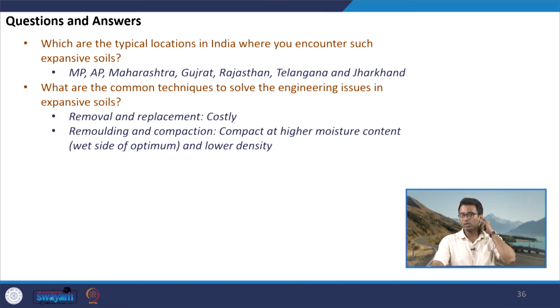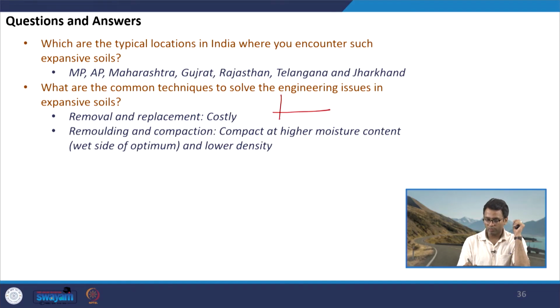Talking about compaction or construction specifically on expansive soil, it is recommended, and it has been found through many experimental investigations also, that the swelling potential, or you can say the change in volume of the soil, will be minimum if you compact the soil at a higher moisture content and lower density, which means you are on the right side of the curve.